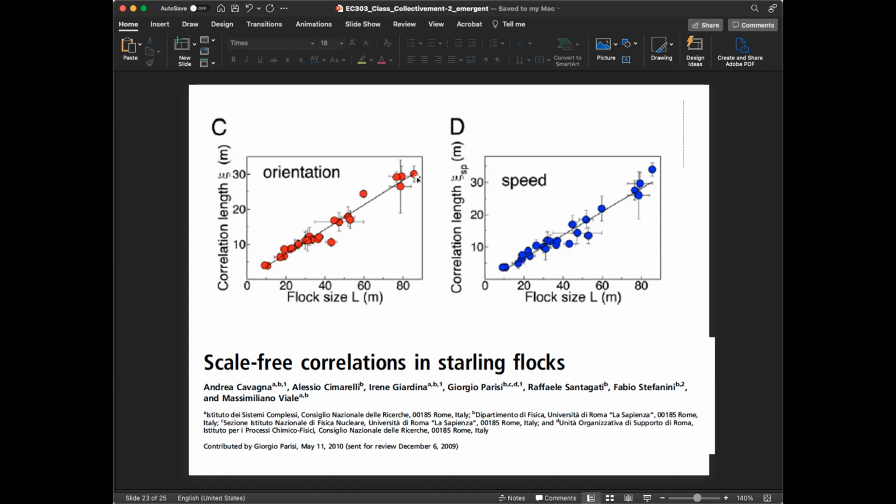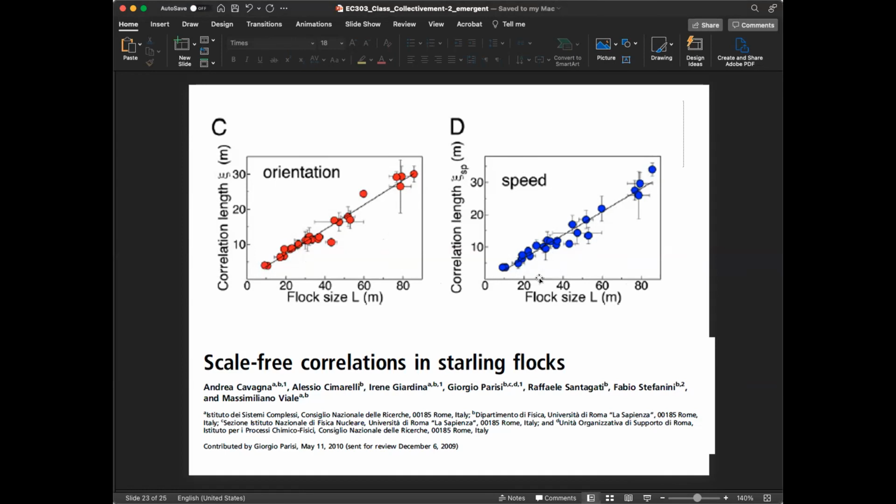What you find basically is that this correlation length is continuing to increase. It's neither constant as Abhipsha predicted, nor is it saturating as I suggested in my modification. It keeps on increasing. And the same pattern holds true even for the speed correlation length.